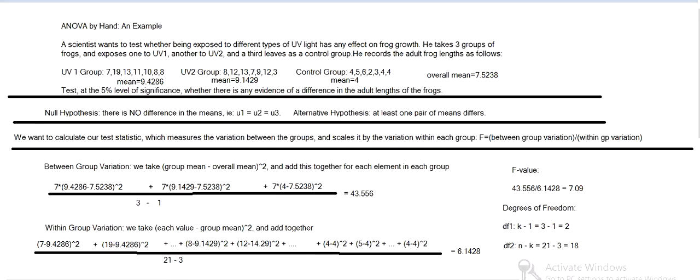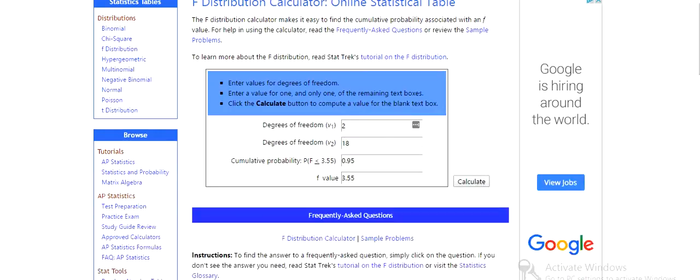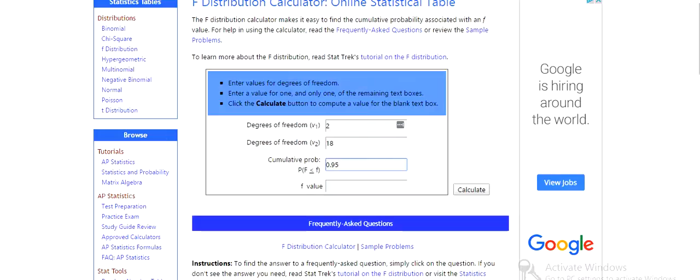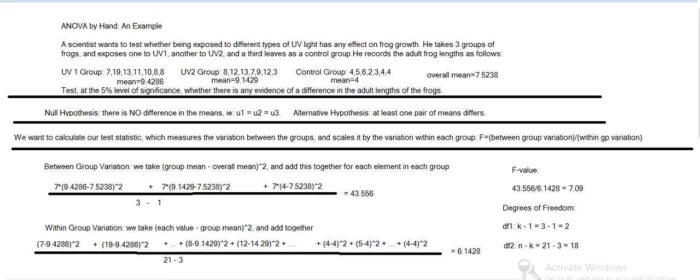Then we can use the F distribution calculator on StatTrek, type in the degrees of freedom 2 and 18, and 0.95 for the critical value, and calculate. That gives a critical value of 3.55, and our test statistic is bigger than that.